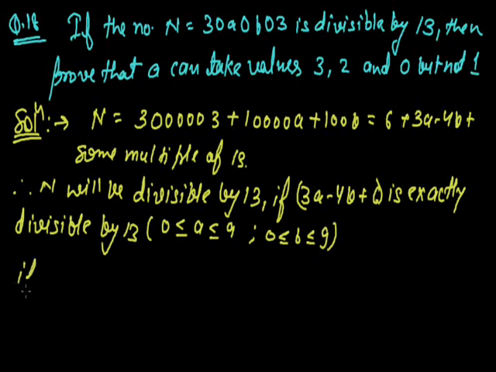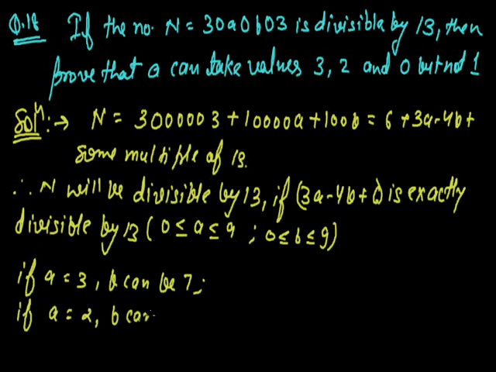Now if a is equal to 3, b can be 7. If a is equal to 2, then b can be 3. And if a is equal to 0, then b can be 8.